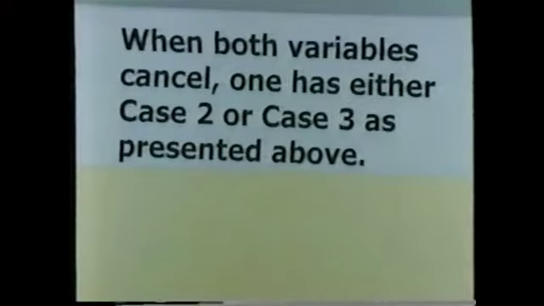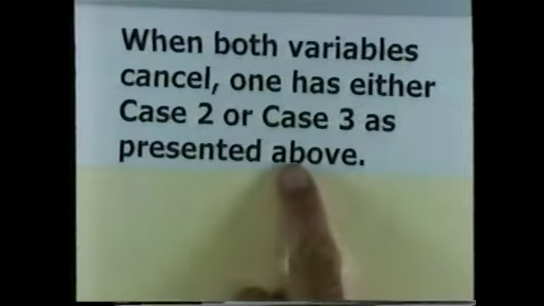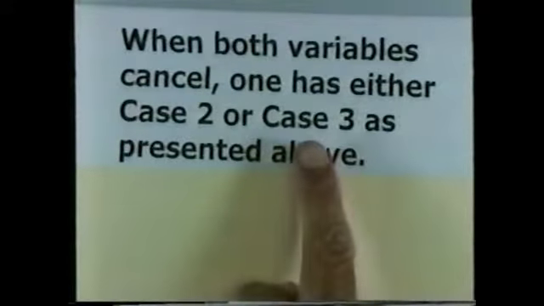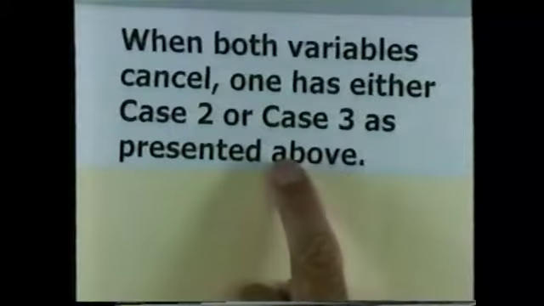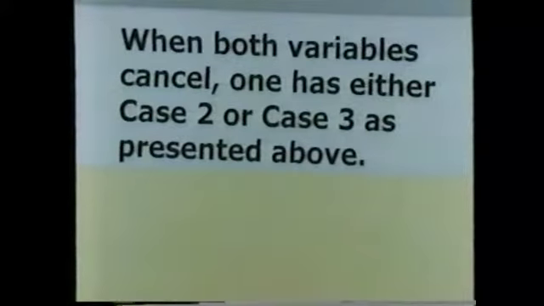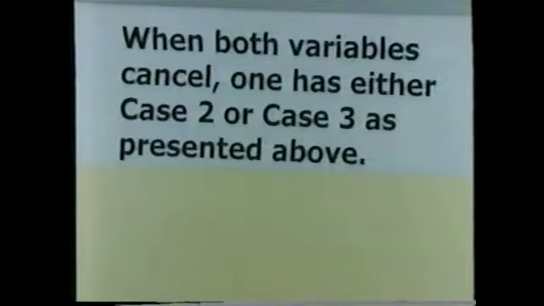Now remember case 2 and case 3. Case 2 was an infinite number of solutions. Case 3 was no solution. So when both variables cancel, one either has an infinite number of solutions or one has no solutions.